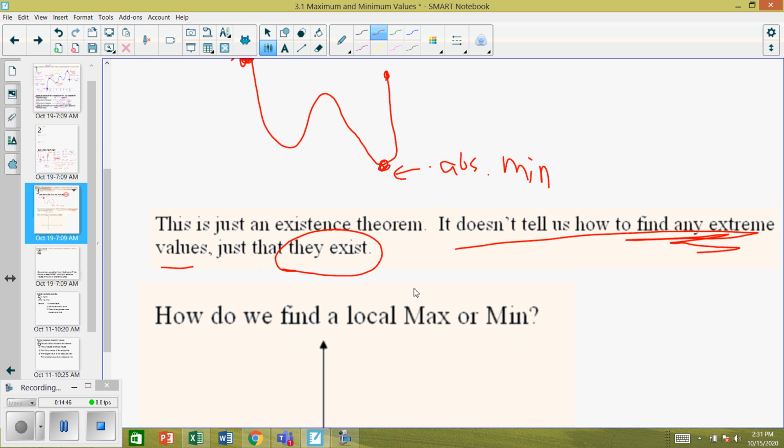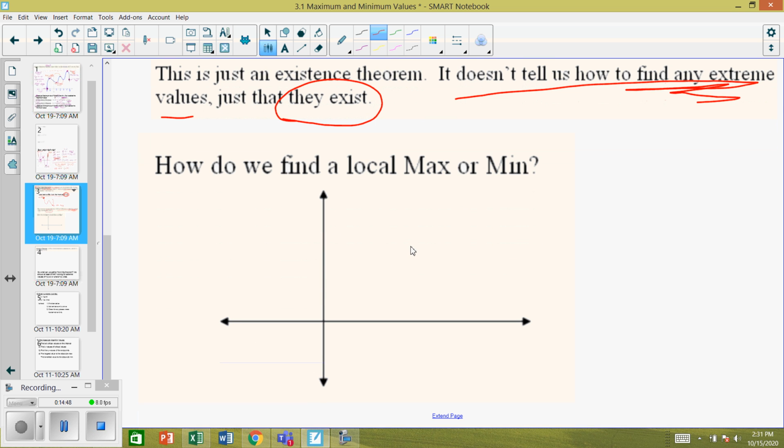Okay. So how do we figure out where we have any local max or local mins? Let's say we have a graph that looks like this. How do I identify any local maxes? And how do I identify any local mins? Calculus-wise. All right, the extreme value theorem can state that we have some absolute max and mins. It doesn't talk about how to find any local max or mins.